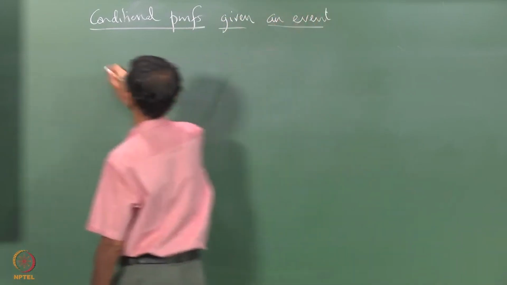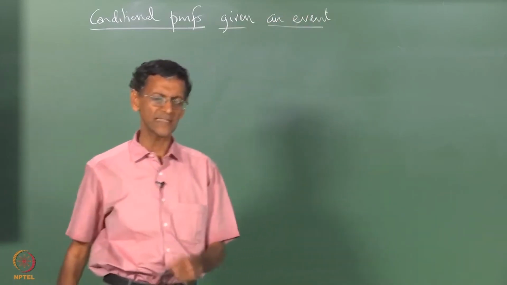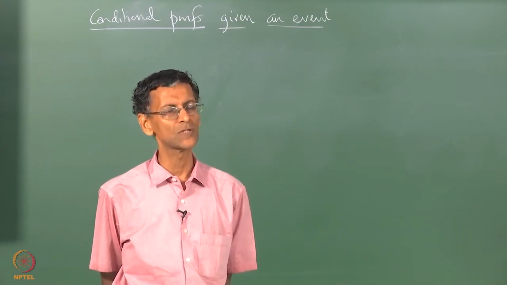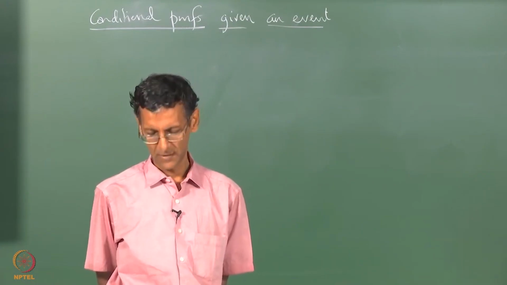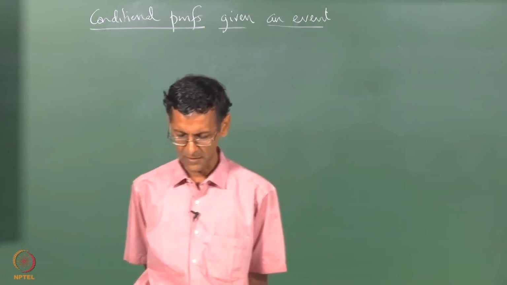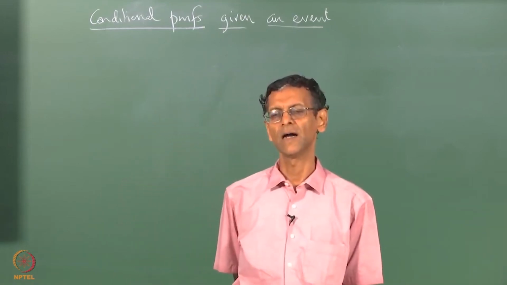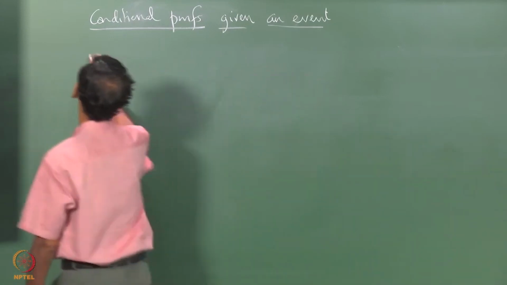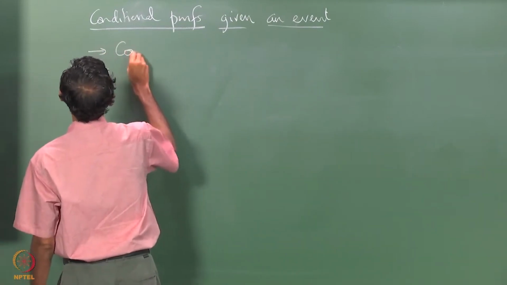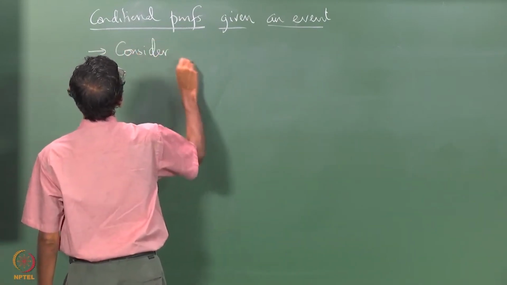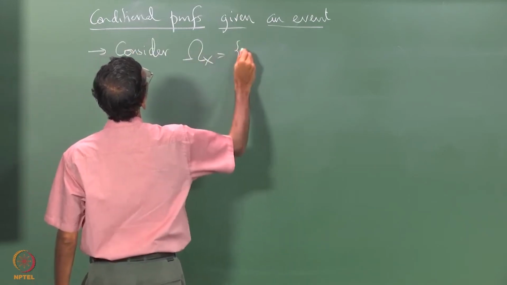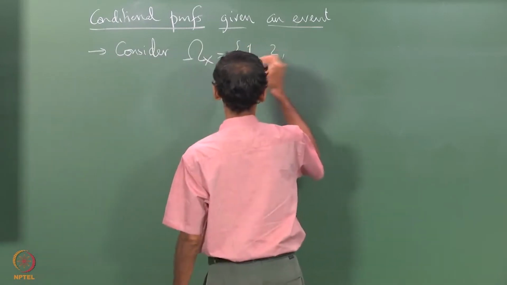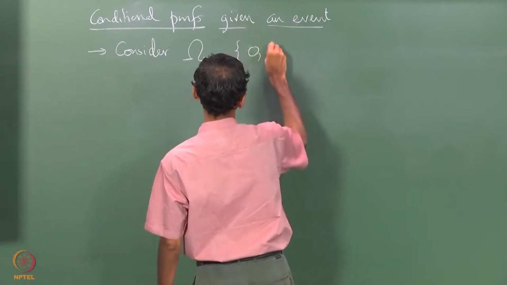I'm going to restrict this to the case that omega x is a set of non-negative integers, and A is an event of the type x is greater than m. This could be 0 also, it does not matter.